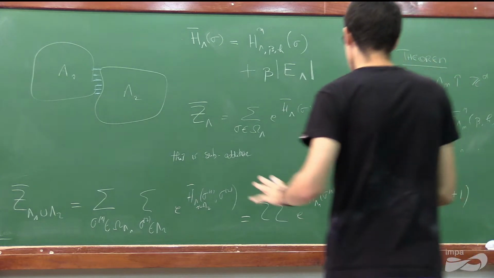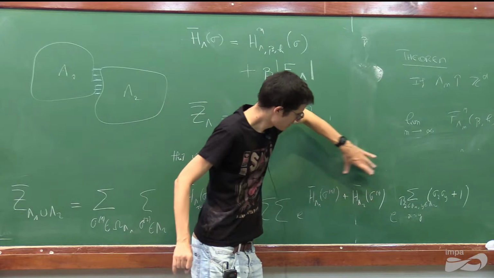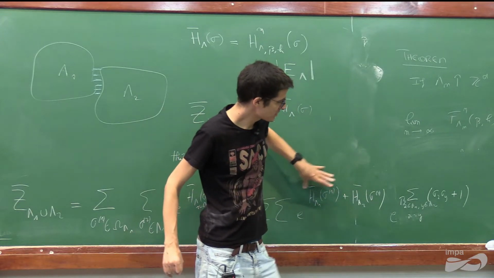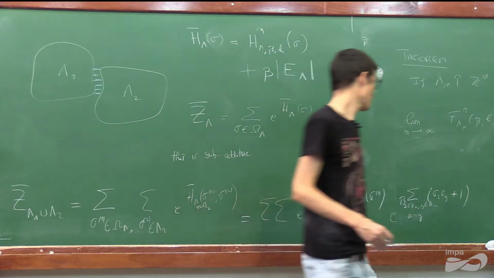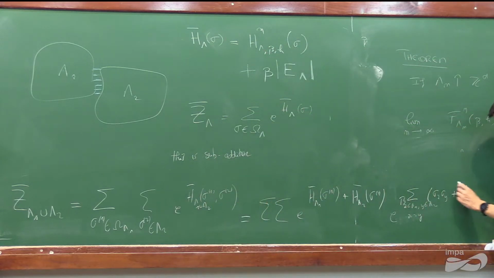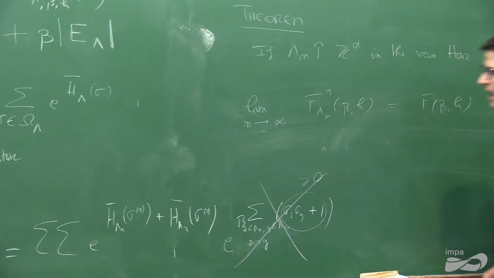I'm just saying the Hamiltonian in the union of the boxes is the Hamiltonian in each box plus the edges that I've forgotten, but now all of them have a positive contribution.